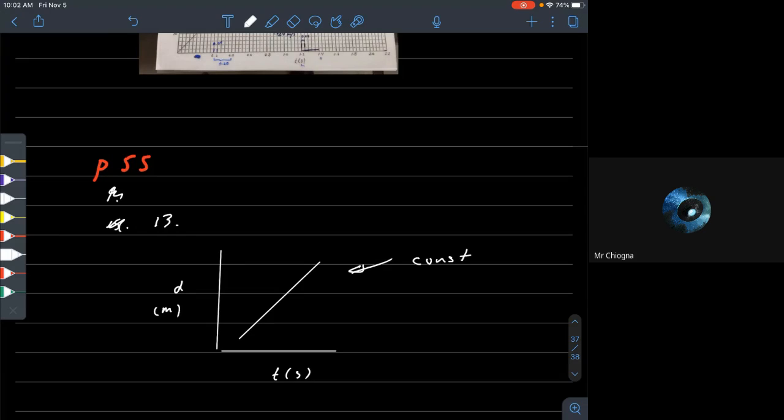This is constant speed. What does that mean, constant speed? Yeah, so it's the same speed every second. Same speed at 1 second, same speed at 2 seconds, same speed at 3 seconds. Doesn't change. So how do you find that speed?